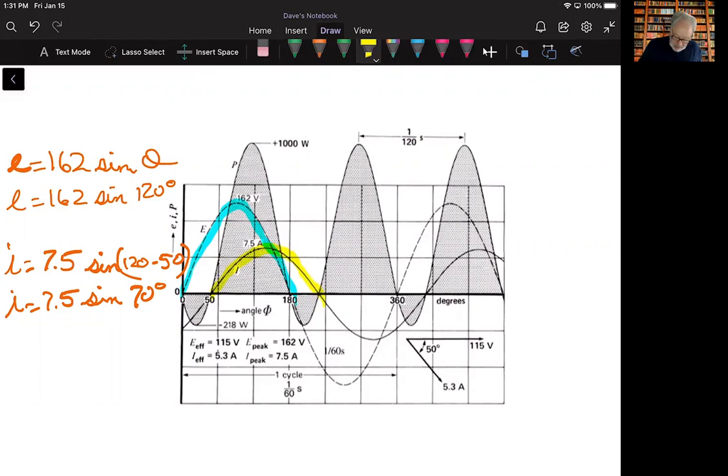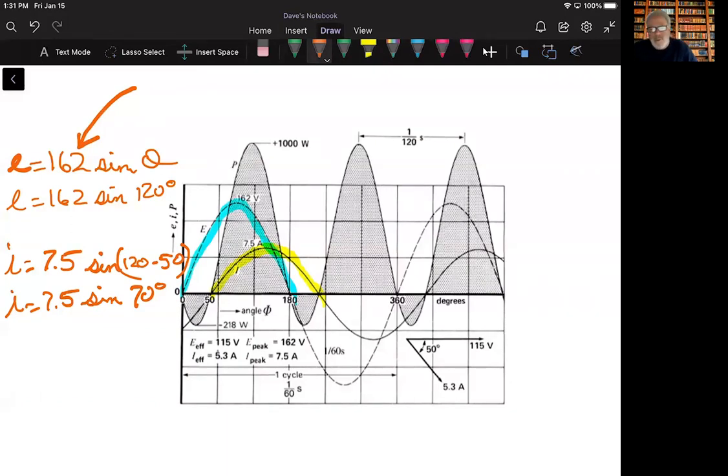Now, since these are sinusoidal values, I need to write the equation differently. And we remember that instantaneous voltage is given by the following formula. You take the peak value times the sine of the angle at the particular point you are in the waveform.